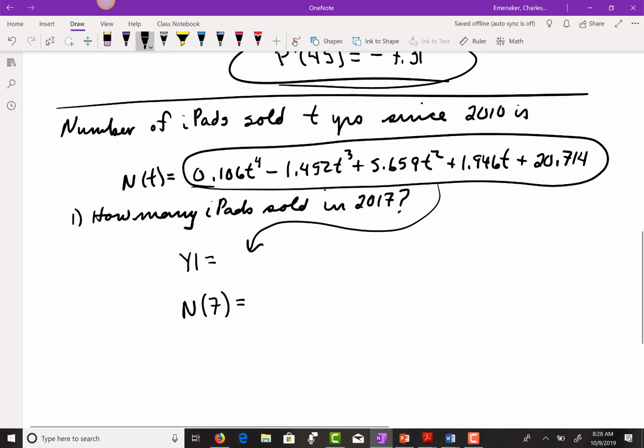And the cool thing is, suppose the next question says, well, how many were sold in 2018? Well, now all you have to do is plug in 8, and boom, there's the answer. Either way, it protects against making mistakes. If you realize you've made a mistake, it's very easy to go back and edit this equation that's in y1 as opposed to typing in the whole thing all over again.